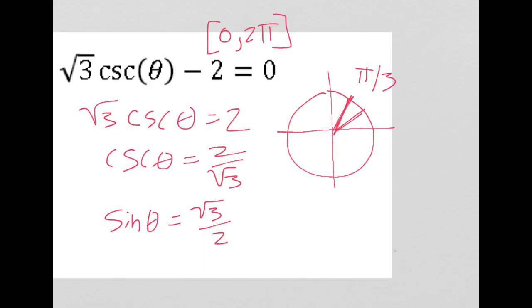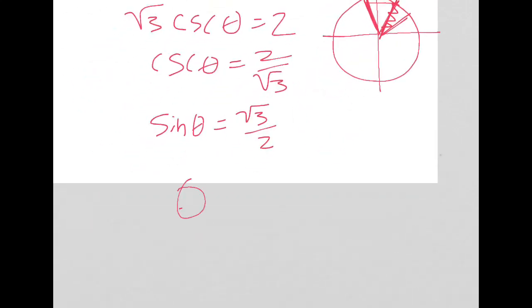So that one right there definitely gives me root 3 over 2, but what else? Well, sine is the y value. That right there, 2 pi over 3, also has the same y value. So we get two solutions for theta. We get pi over 3, and we get 2 pi over 3.